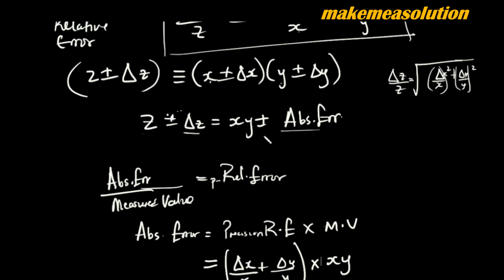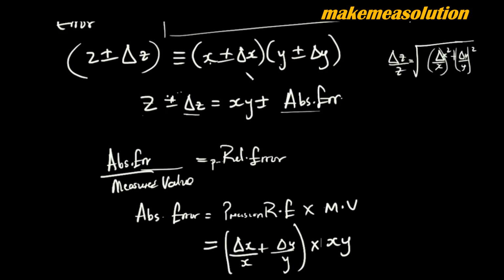For x we have delta x over x, and for y we have delta y over y. So their individual precision relative values will be added to give you the final relative value. Then to get the absolute error, multiply the total relative error by the measured value, which is the product of all the quantities.